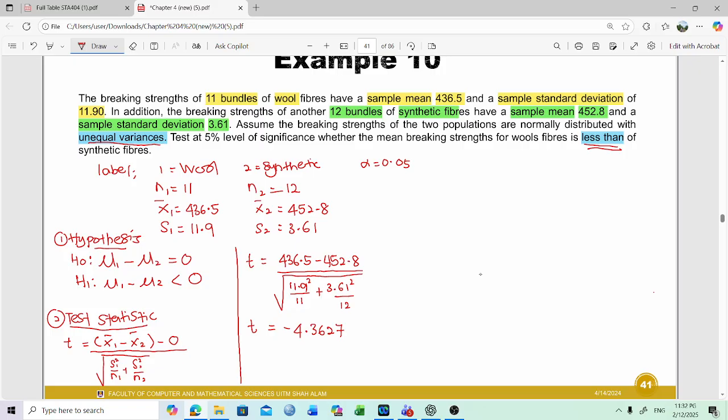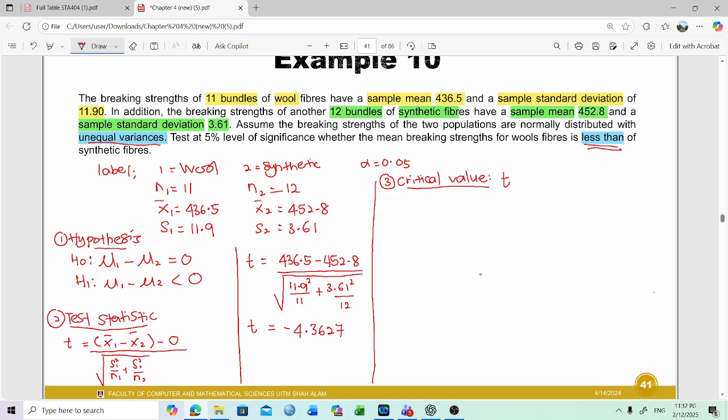Done. Now we go to the third step, whereby you need to find the critical value. You need to know that your alternative hypothesis is one tail.